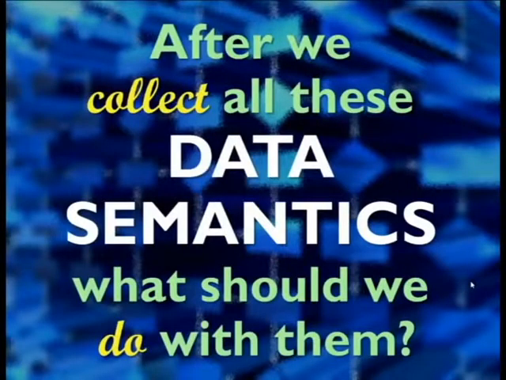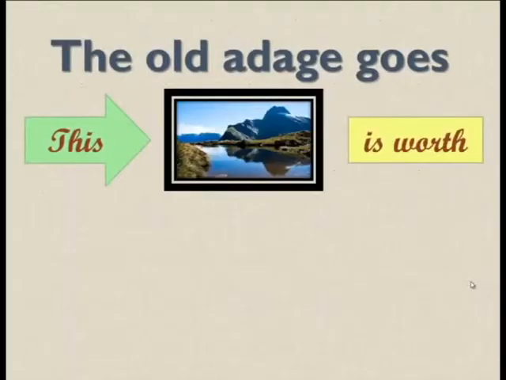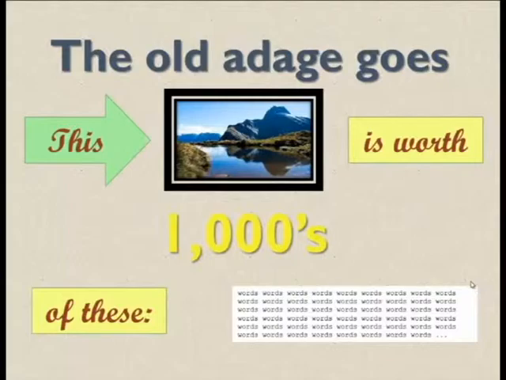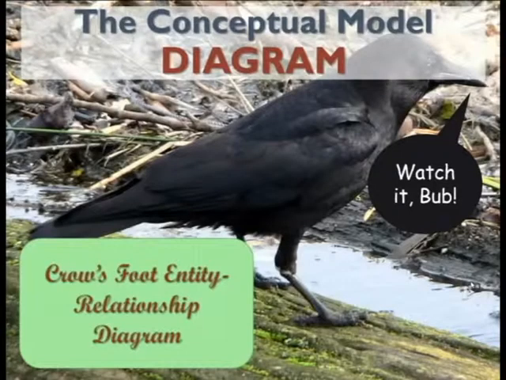After we collect all these data semantics, what do we do with them? Well, as the old adage goes, a picture is worth 1,000 words. So what we're going to do is end up drawing a diagram. And this diagram is called a crow's foot entity relationship diagram.